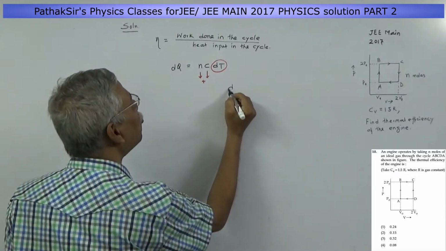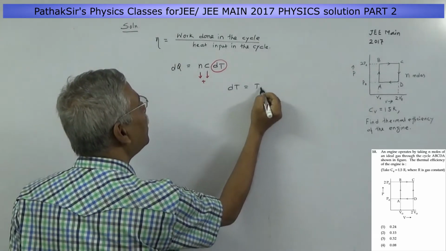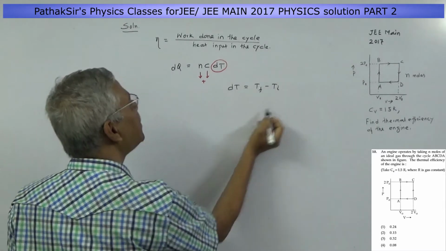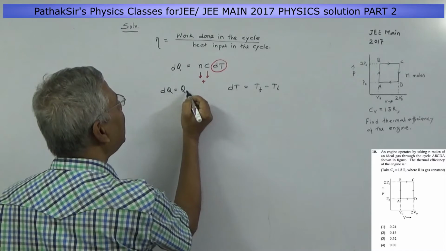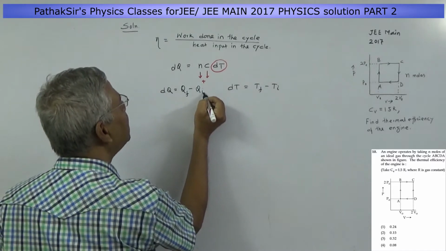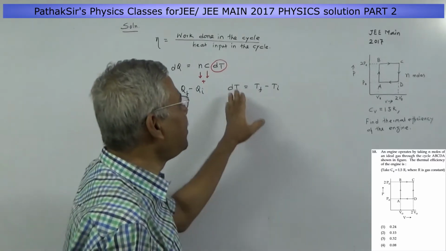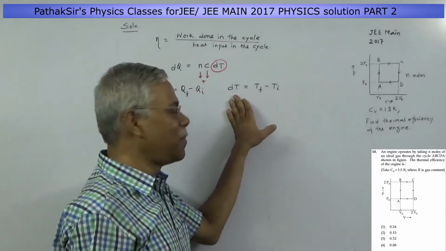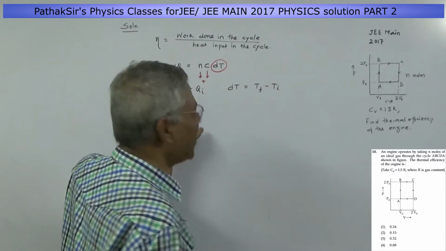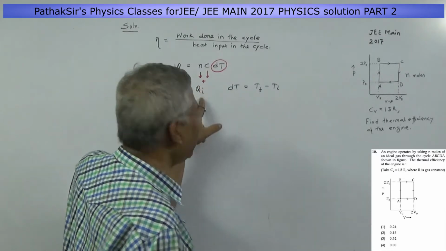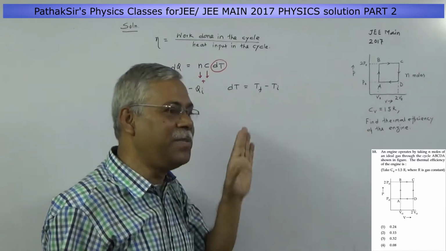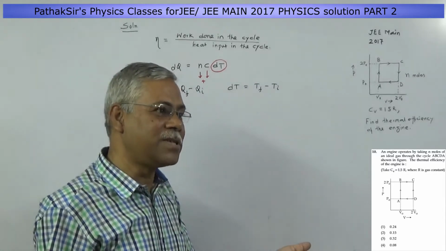Because dT equal to T final minus T initial, and dQ equal to final heat content minus initial heat content. If dT is greater than 0, then dQ will also be greater than 0. That means final heat is greater than initial heat. That means heat has gone into the system.